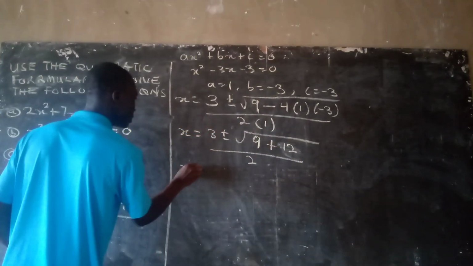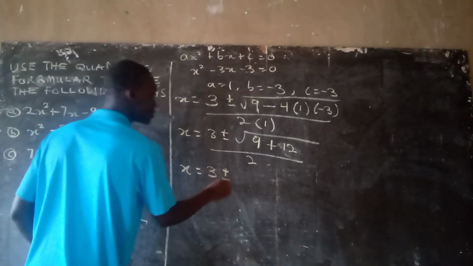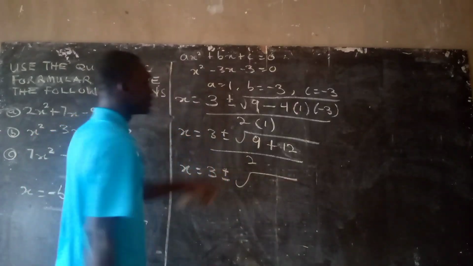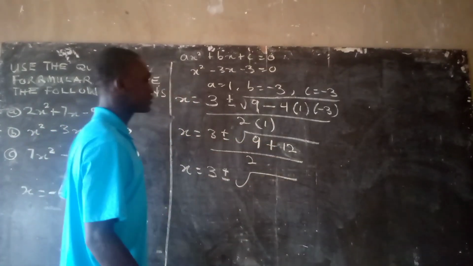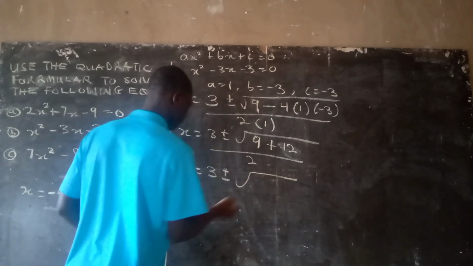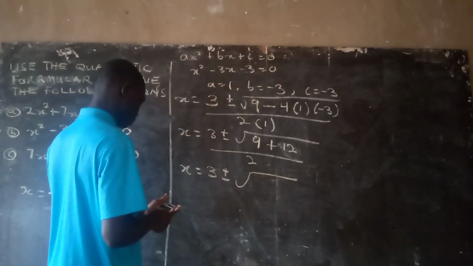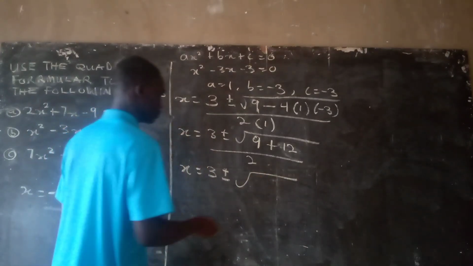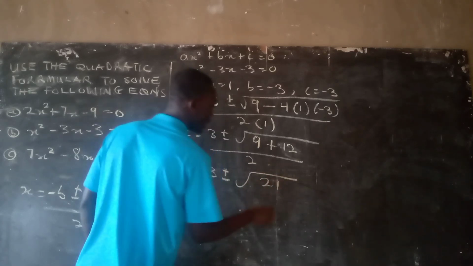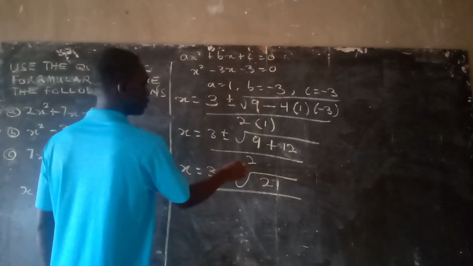So we have x is equal to 3 plus or minus the square root of 9 plus 12, which gives us 21, all over 2.